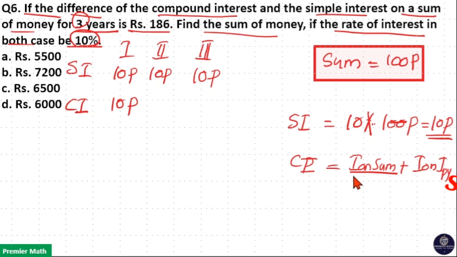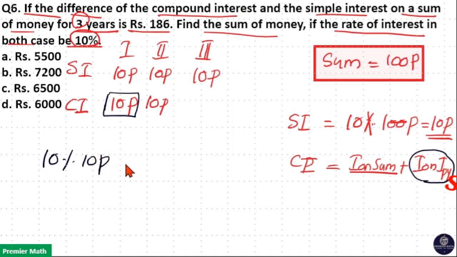For the second year, I will receive interest on sum as 10 parts plus I will receive interest on the interest received on previous years. Here interest received on previous year is 10 parts. So 10% of the 10 part I will receive on second year as well. That is, here percentage means divided by 100.